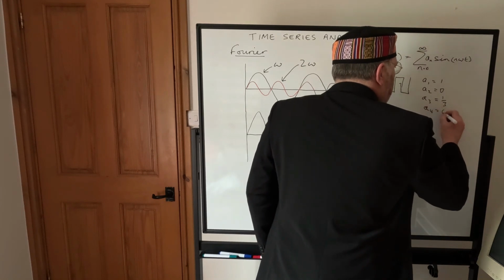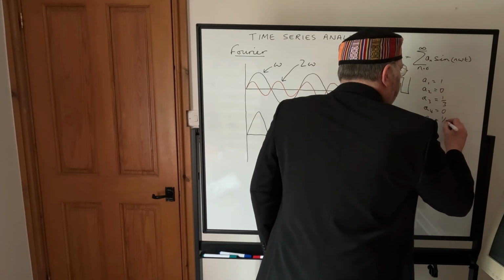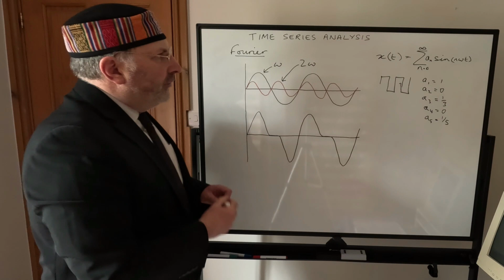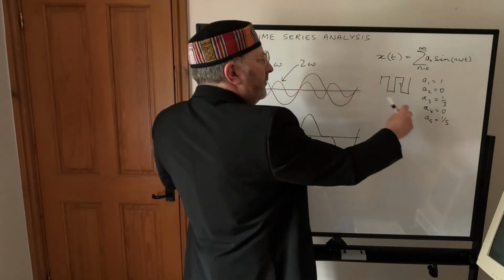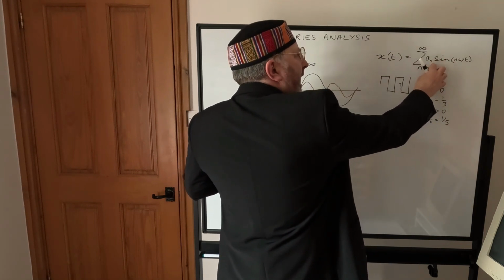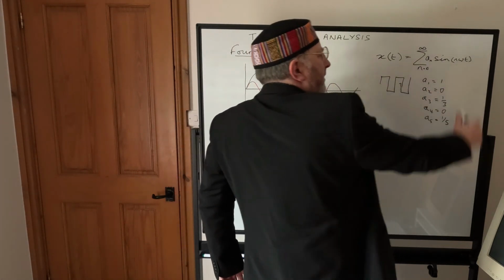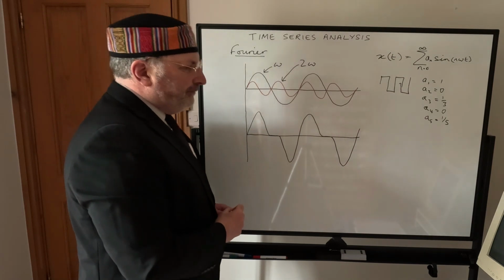A4 is 0, A5 is 1/5, and so on. So our goal is to take some arbitrary time series and work out what these amplitudes are, the A_n. That's what we're interested in for all the different values of n in the possible sines that we're adding together.